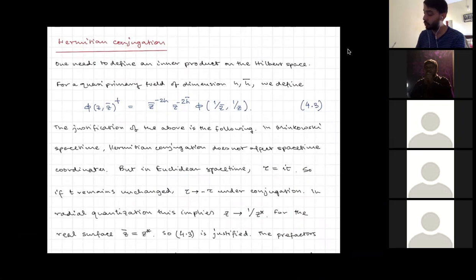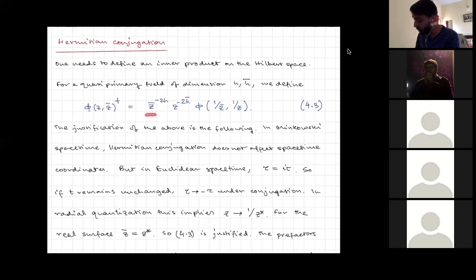And if you want to do this for the real surface, then z star is equal to z bar. That justifies why the coordinate z has gone to 1 over z bar, and why the coordinate z bar has gone to 1 over z. So that's one part of it.